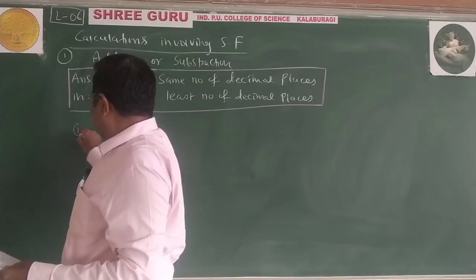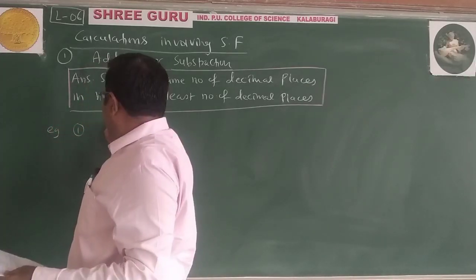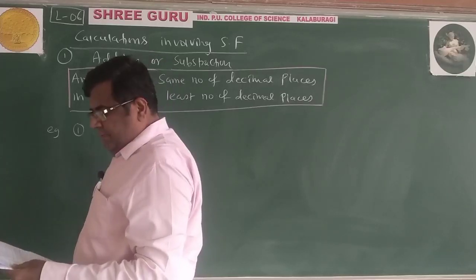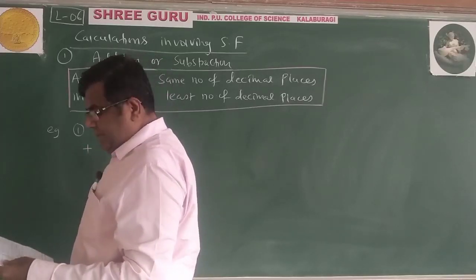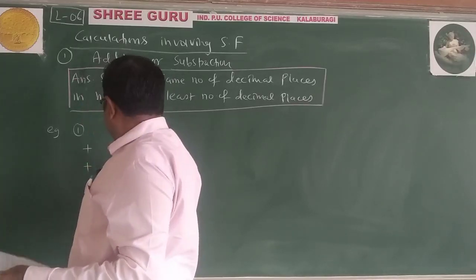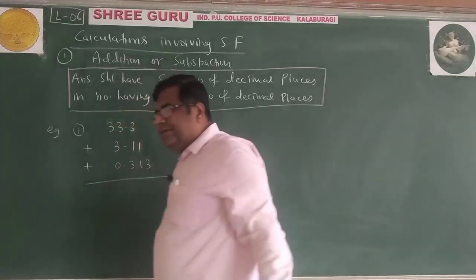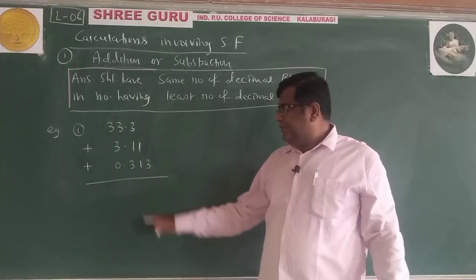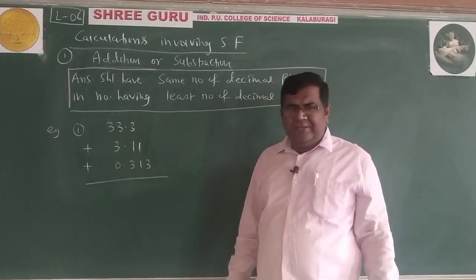is that we are adding 33.3 plus 3.11 plus 0.333.